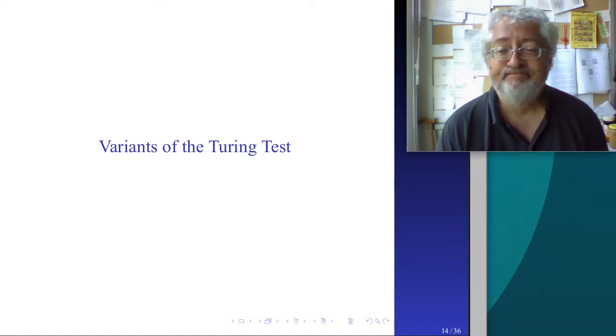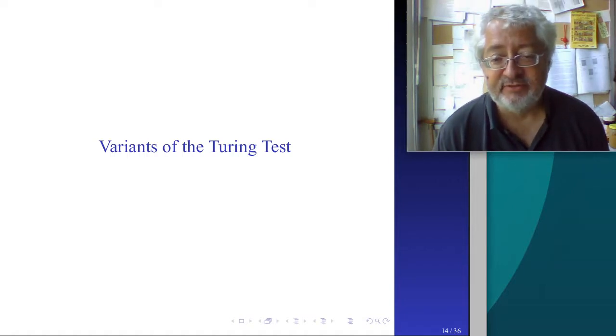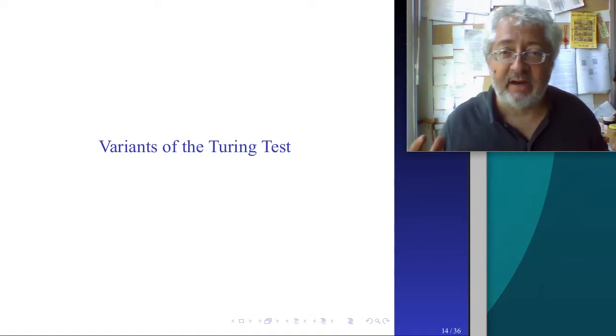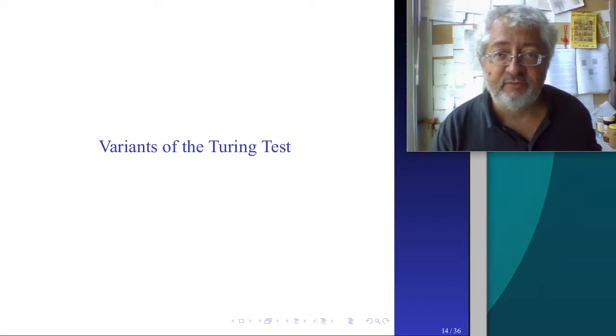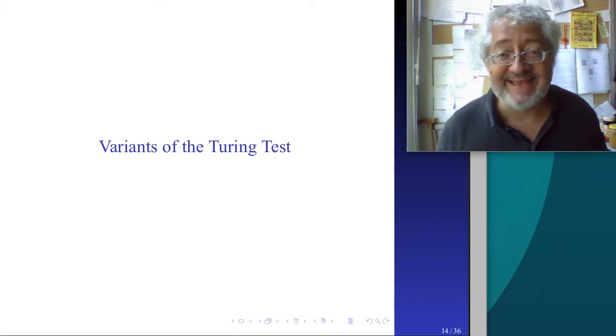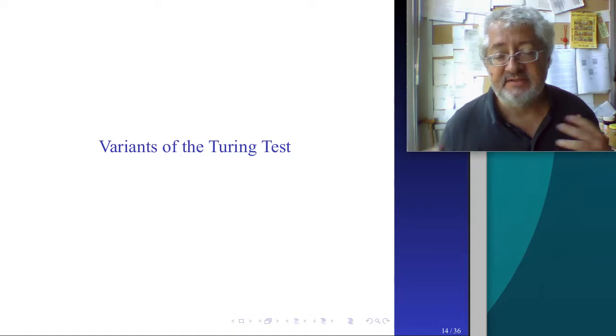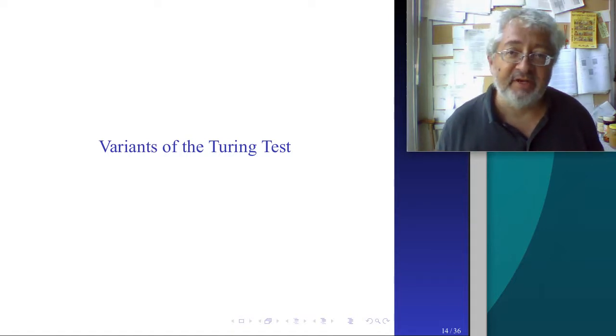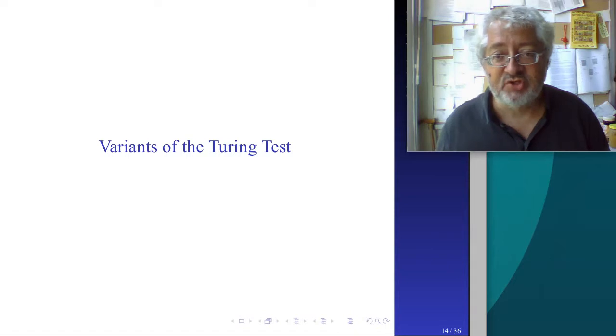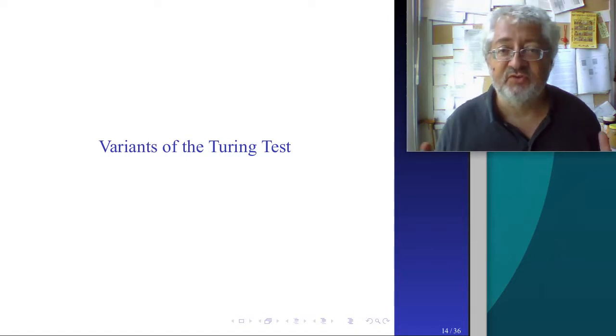Welcome again. In our discussion of the Turing test, now we will talk about different variants of the Turing test because, as we said before, the Turing test has these problems, that it is easy to cheat and that you are probably not even talking with the machine, you are talking with the program of the machine. And all these arguments we saw, the subcognitive tests of French.